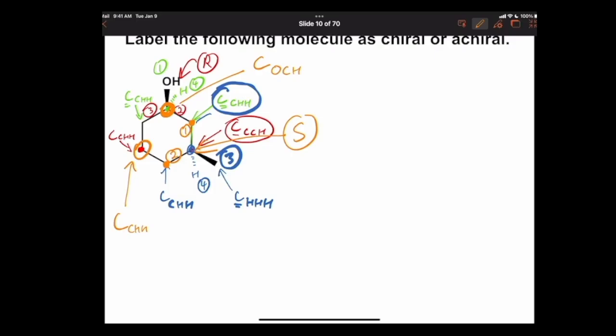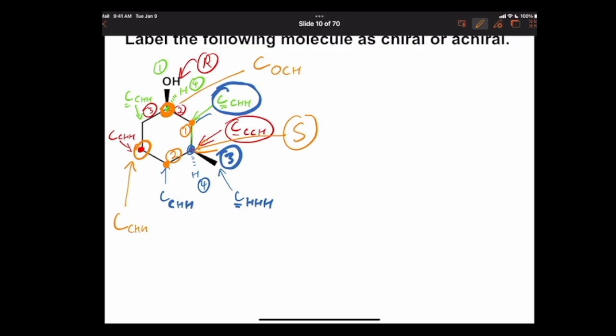Do we have more than 1 asymmetric carbon? Yes. Is there an internal plane of symmetry? If you looked at this molecule, is there anywhere I could drop a mirror on this molecule to reflect the top half to make it look like the bottom, or left half with right? Is there anything that gets close? Well, look at the OH and the methyl, they're both up, but oxygen and methyl are different.